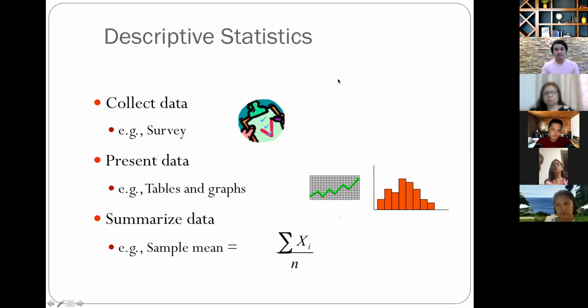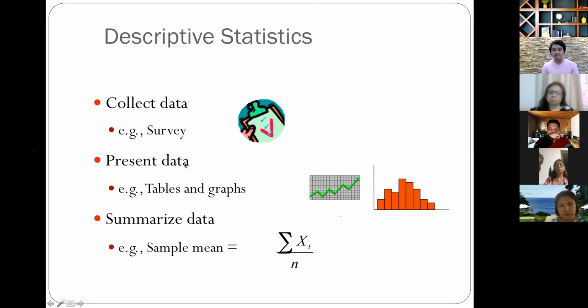So, kung kanina, we are talking about inferential. But when you say descriptive statistics, it is important that you are knowledgeable about the different activities that are involved in doing a descriptive stat. Unang-una, you collect data.